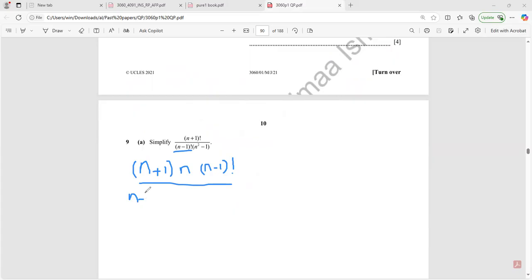I keep it as it is, so I'm going to cancel with n minus 1 factorial here. Okay, and n squared minus 1, we can write as n minus 1 and n plus 1, because we have to expand this bracket. Okay, and now we're going to cancel the n plus 1 with the n plus 1, remaining n over n minus 1, and done.